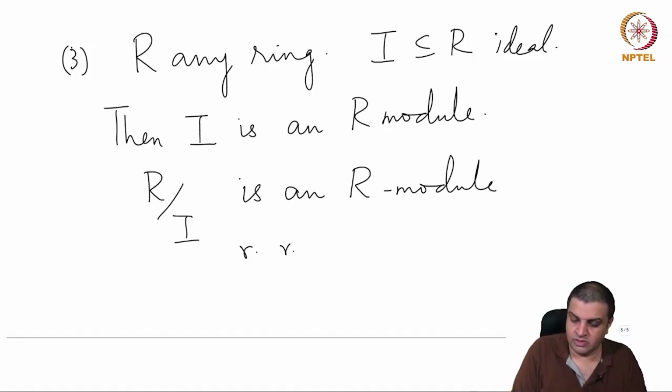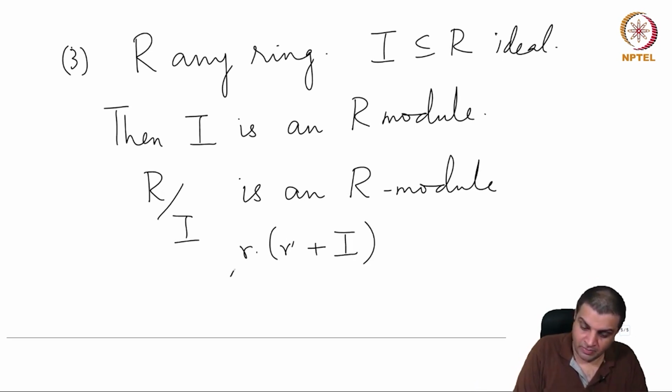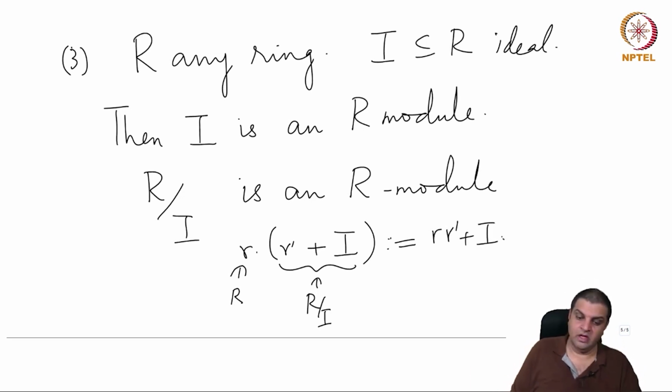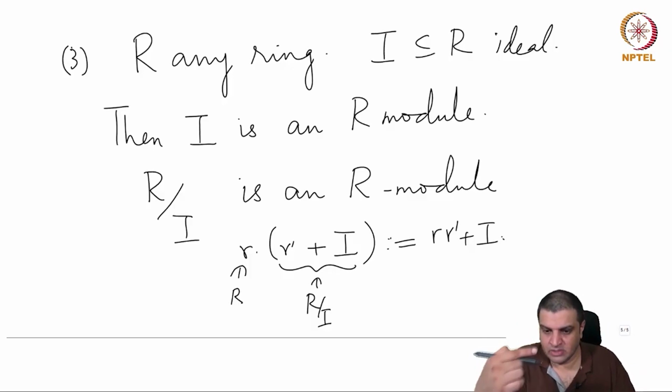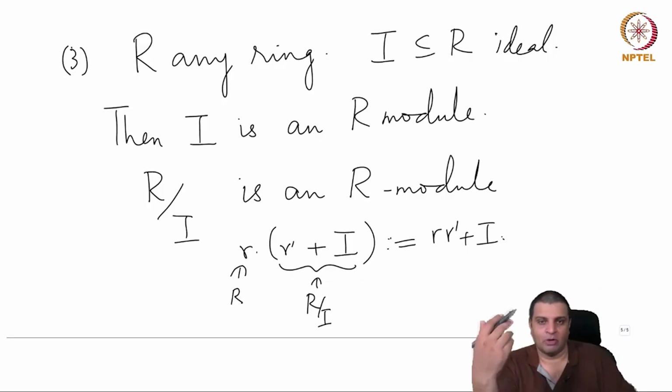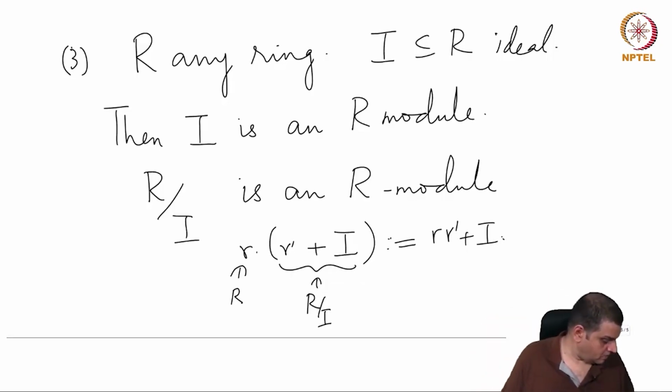R times (r prime plus I), where r is an element of R and r prime plus I is an element of R mod I, we define to be r r prime plus I. So one advantage of discussing many things in modules is that even if we just wanted to prove theorems about ideals and quotient rings, the language of modules gives us a uniform way of stating and proving them.